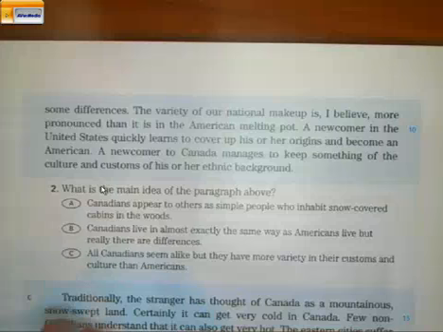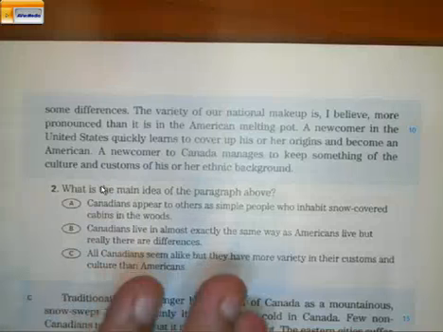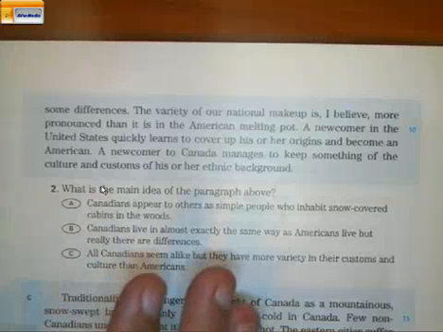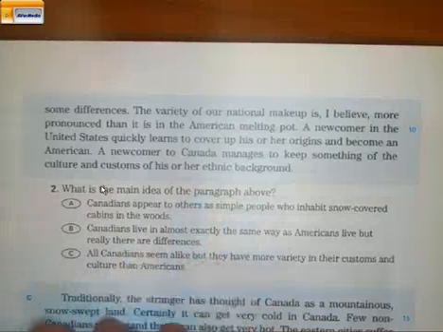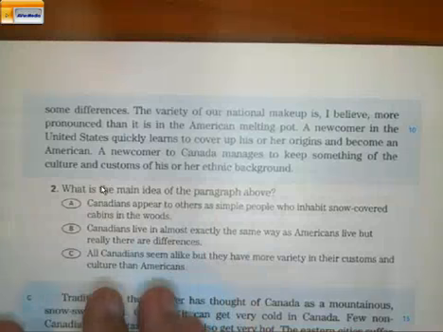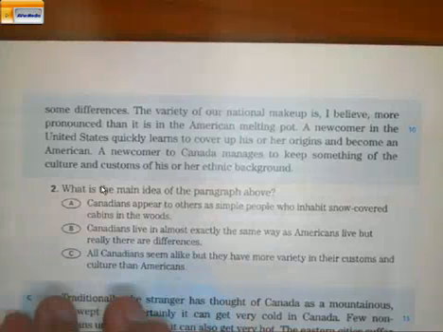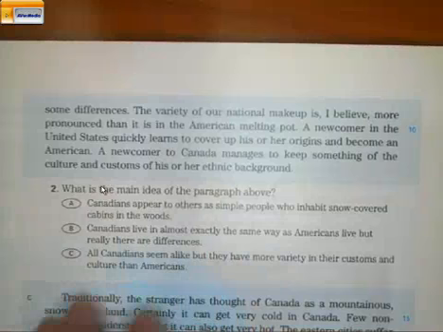Well, I don't have any objections to this, but we should not give such choices, because this can be misleading to students.